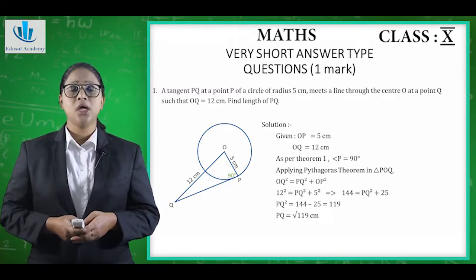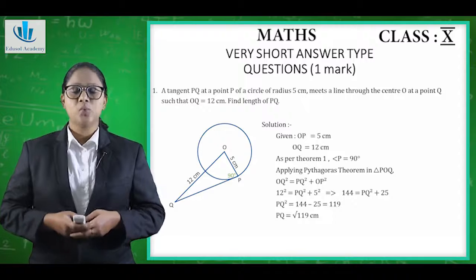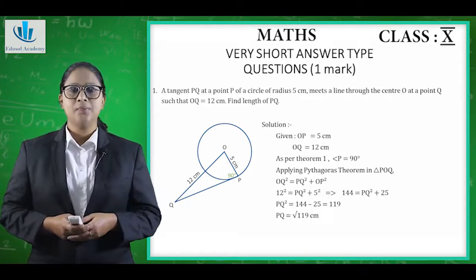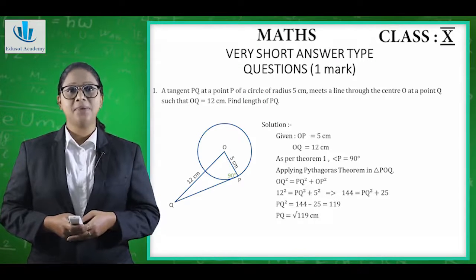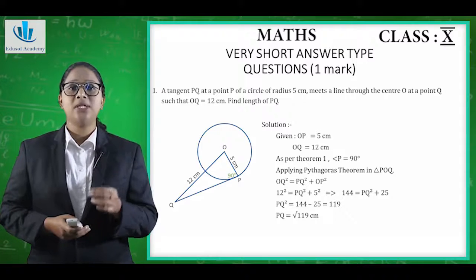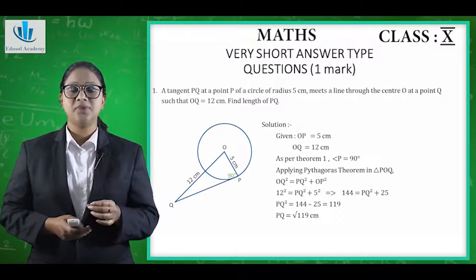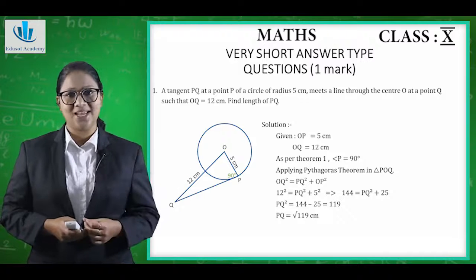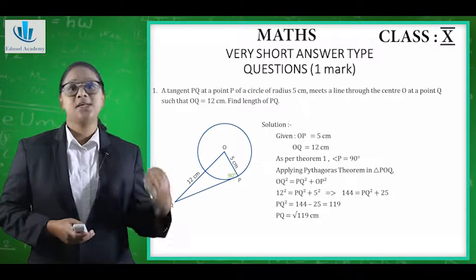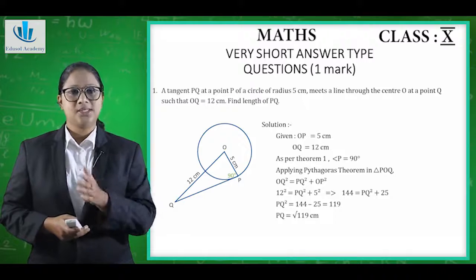Now in the question, there is no figure given, so we have to sort out the figure. You can see there is a circle and there is a tangent PQ, and they had specified a point P of a circle, which means that P is the point of contact. So P is the point touching and Q is the external point. Now let's continue.